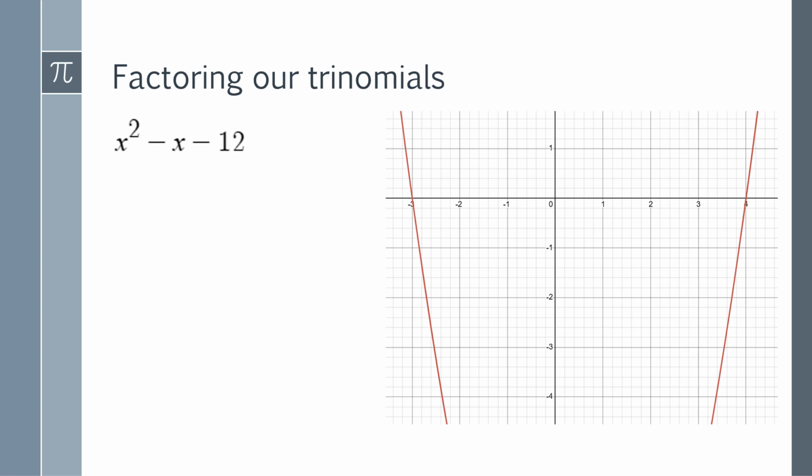So when you do that, you got x-intercepts of -3 and +4. So x equals -3, x equals +4. So I got my x-intercepts. Now I just have to work it backwards.